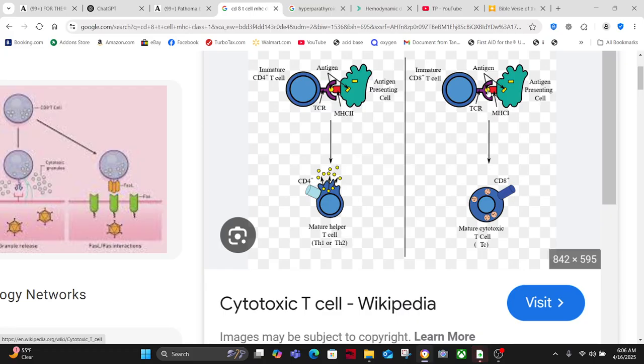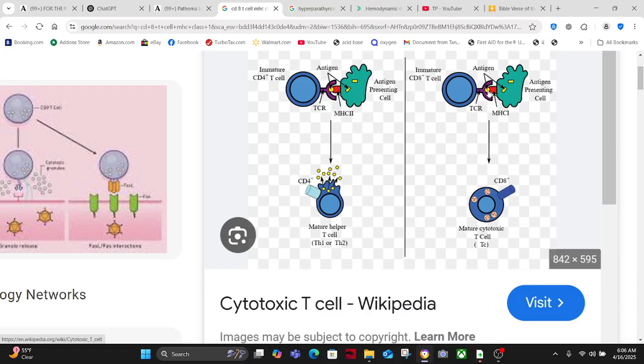This antigen right here is some kind of microbe, and the APC presents that to the T cell to kill. This is the T cell receptor on the T cell, and the T cell receptor grabs the antigen to kill it.